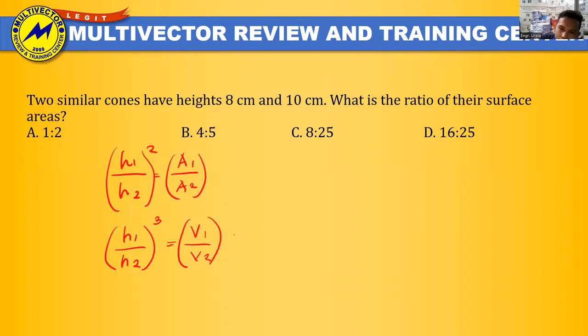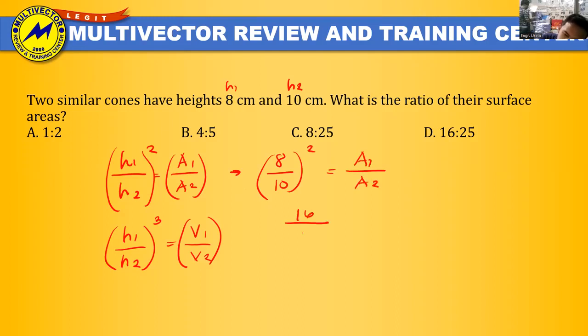Okay, therefore with respect to these two similar cones, the ratio of their surface area would be, H1 natin is 8, H2 natin is 10 cm. So 8 all over 10 squared is equals to the ratio ng area nila.